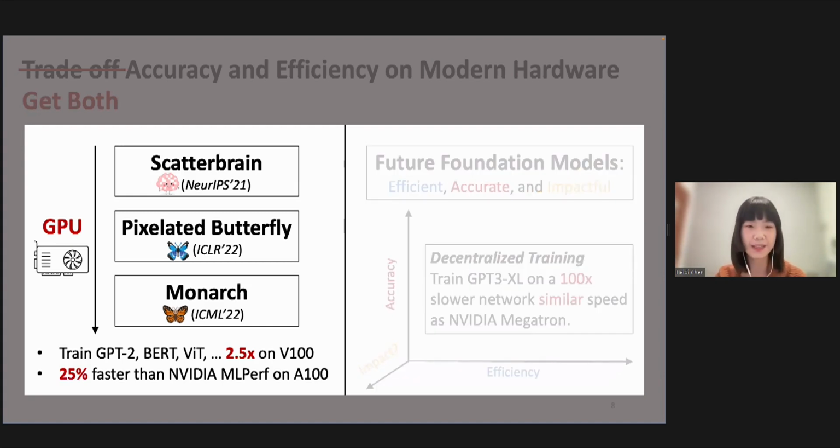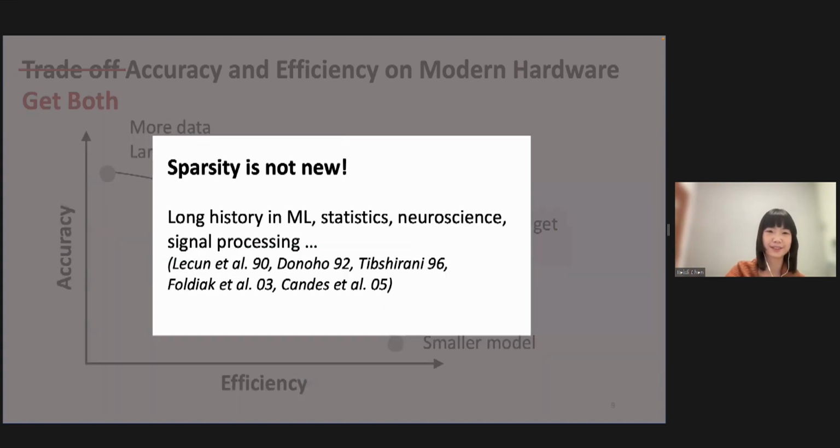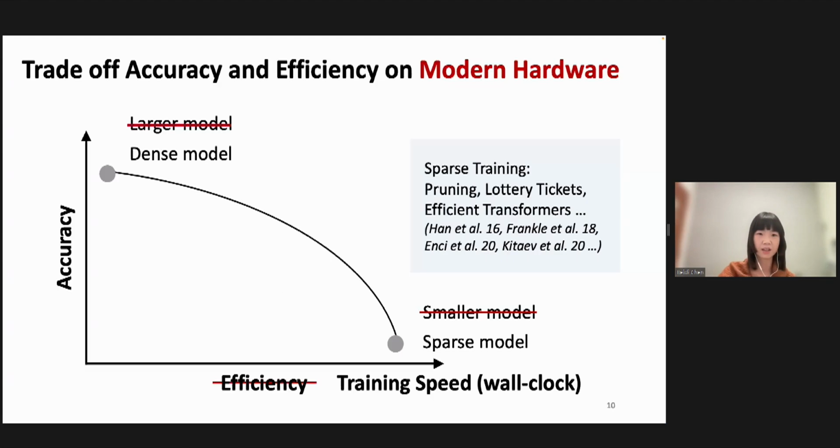Great. Let's start with today's sparsity deep dive. So the idea of sparsity, of course, is not new. It has a long history in machine learning and has also driven fundamental progress in statistics, neuroscience, and signal processing. But the sparsity in the context of this talk refers to sparse model training. For example, some variants of pruning, lottery tickets, or other recent sparse transformer methods.